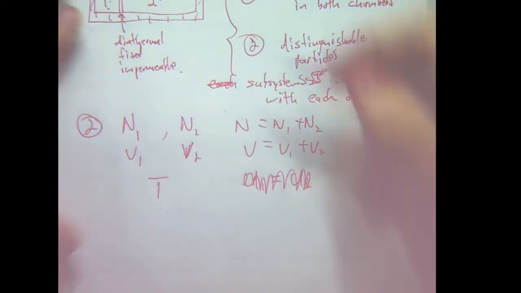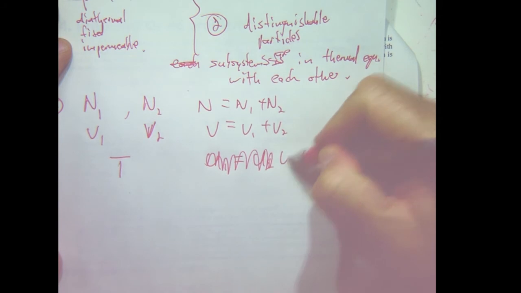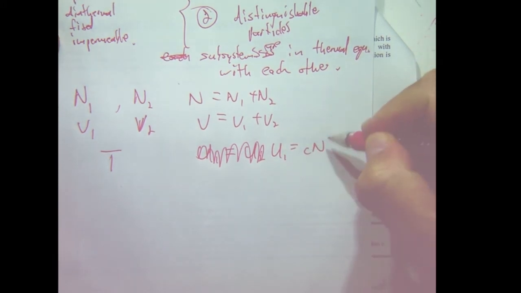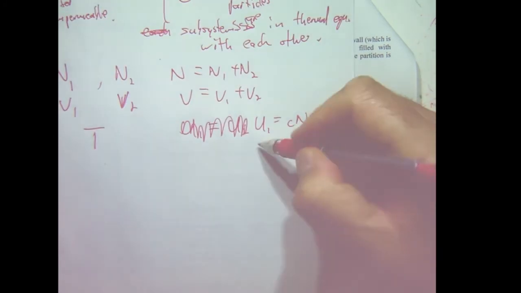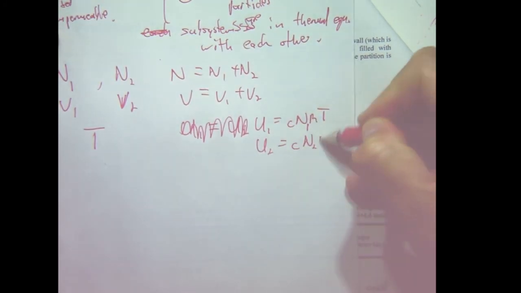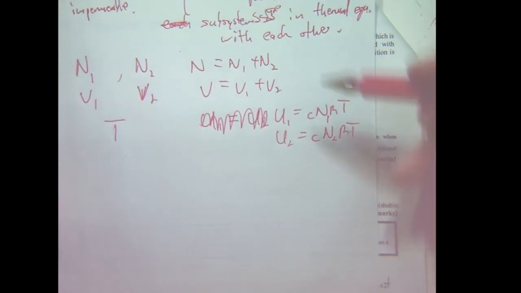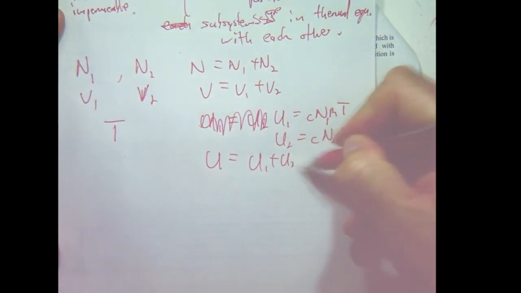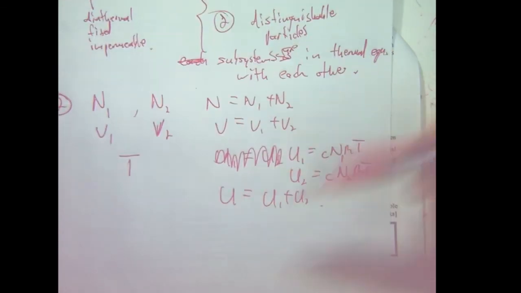U1 is C N1 R T, U2 equals C N2 R T. That's what we know, and therefore U equals U1 plus U2.